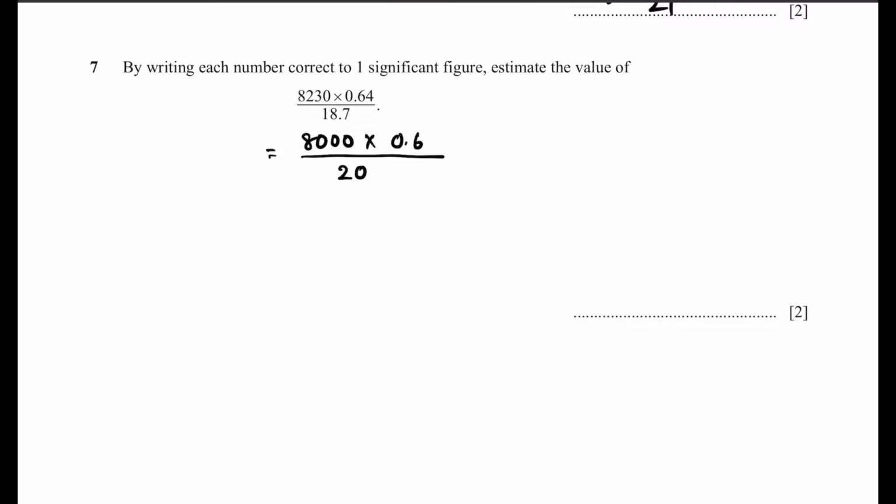Okay. Let us simplify. The 2 and 0 cancelled. Then we can simplify this one. 3, let me remove, it is becoming 10. Again the 0 cancels. 3 8s are 24, so 240.